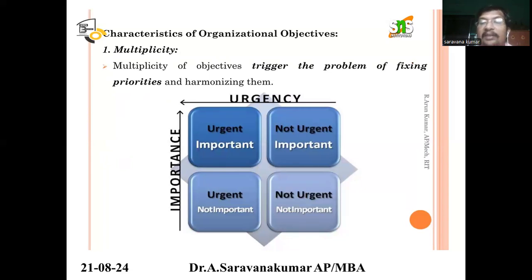Multiplicity means objectives trigger the problem of fixing priorities and harmonizing them. So which one is urgent, which one is not urgent. You are going to prioritize, giving importance to that particular work. Urgent, important, not urgent also. You can do it later, but it's important.